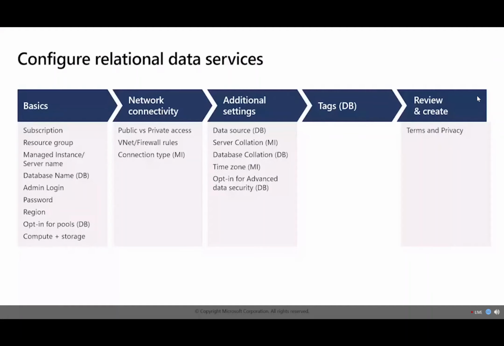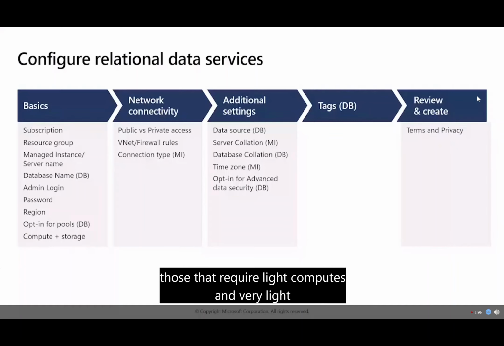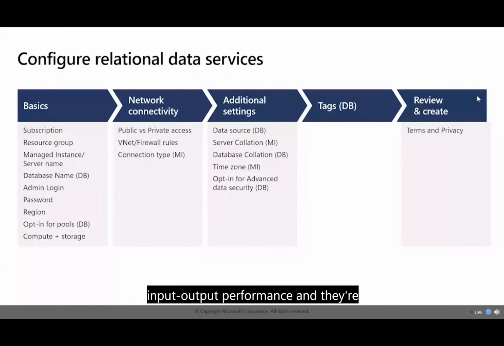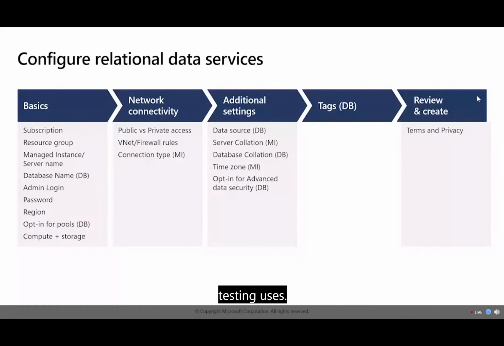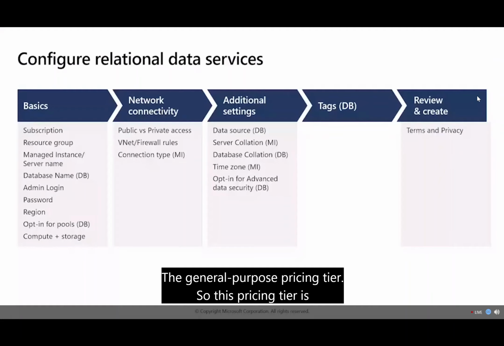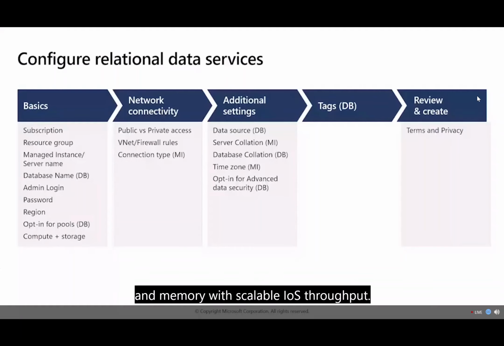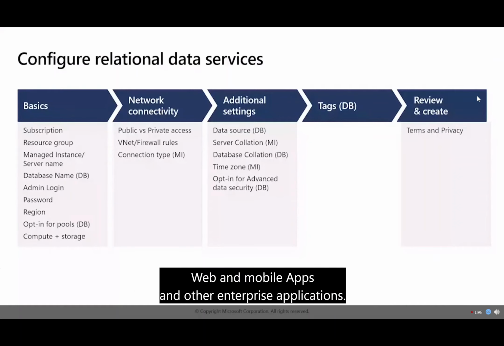The basic pricing tier is generally for those that require light compute and very light input-output performance, and it's typically reserved for very small-scale development testing users. The general-purpose pricing tier is for business workloads that require balanced compute and memory with scalable I/O throughput. Examples include servers for hosting web and mobile apps and other enterprise applications.